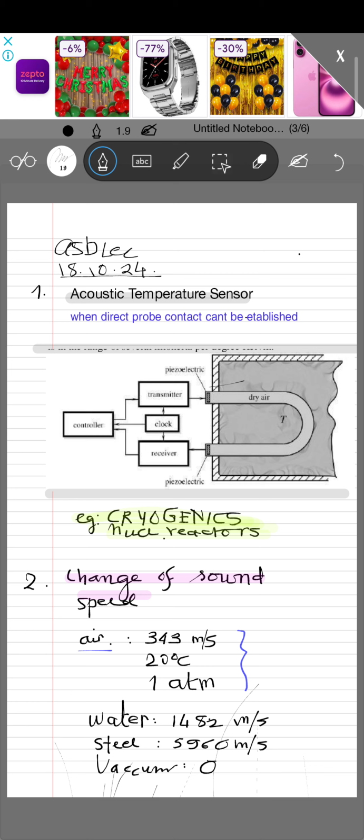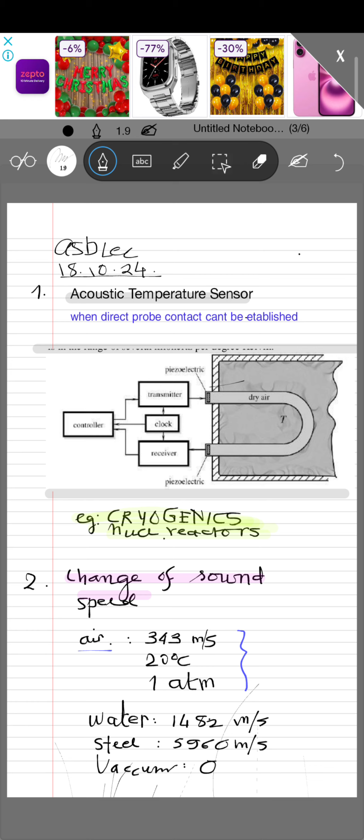Now, there are some experimental situations where direct probe contact with the system cannot be established.